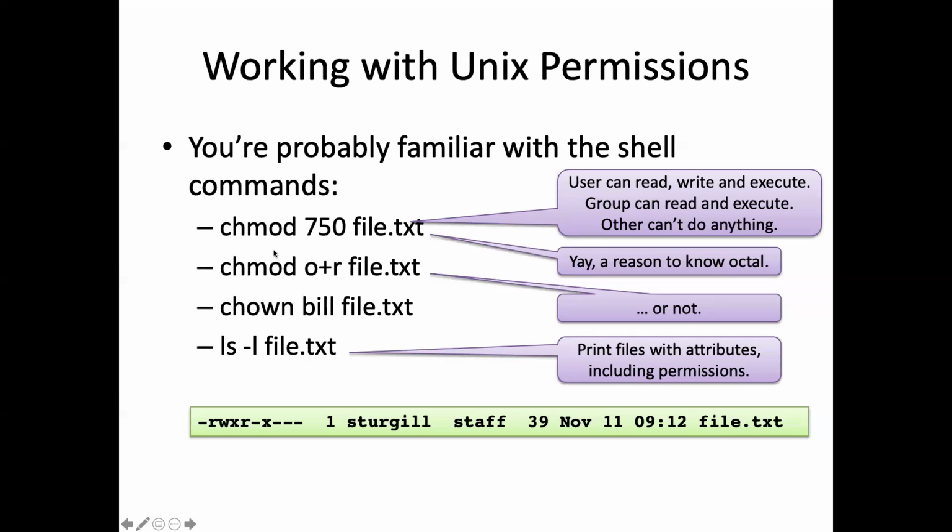So if you run chmod to change the mode bits associated with a file, then you can specify who can do what with that file by specifying each of these as an octal value.